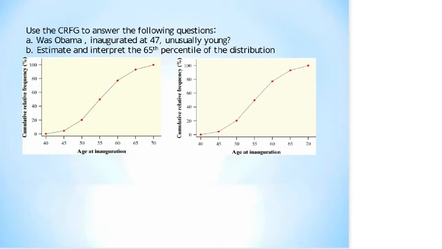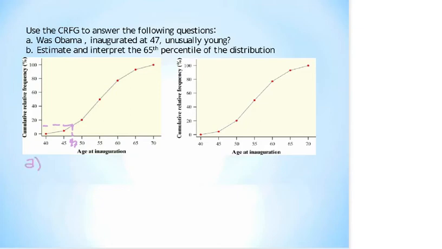We're going to take age 47, which is approximately right here. And I'm going to find the spot on the dot that corresponds to 47. And then I'm going to go this way and figure out an approximate percentage of presidents who were younger than President Obama.